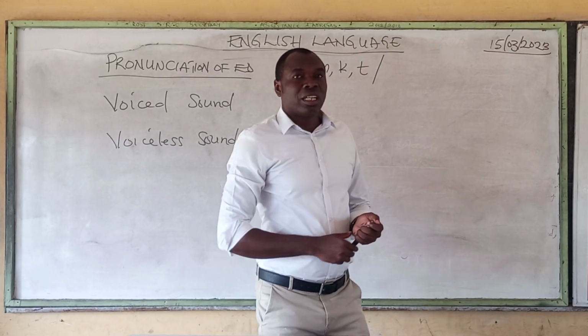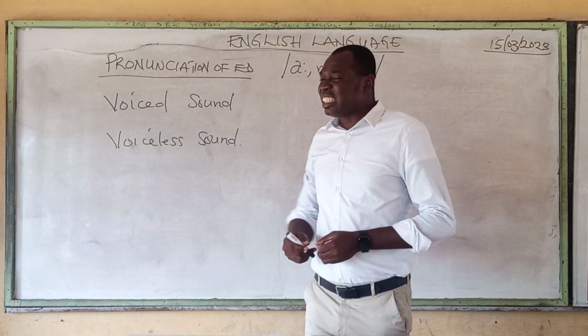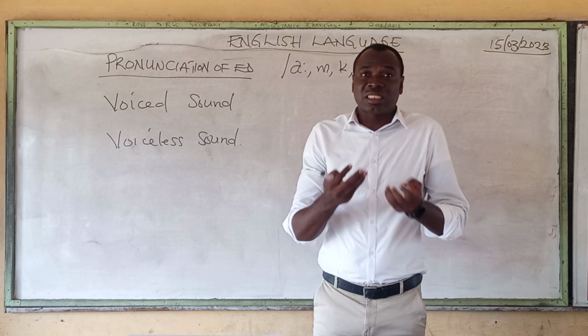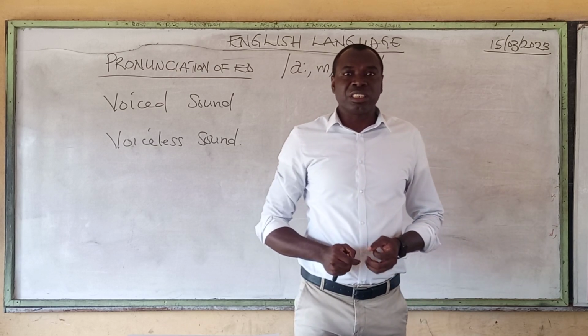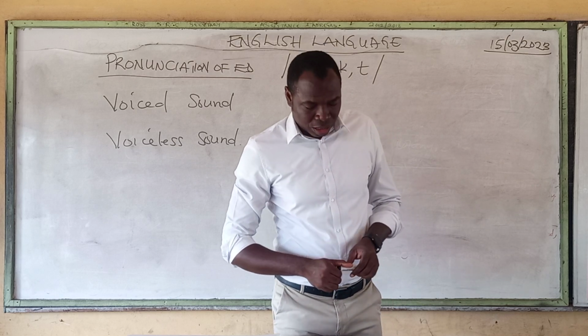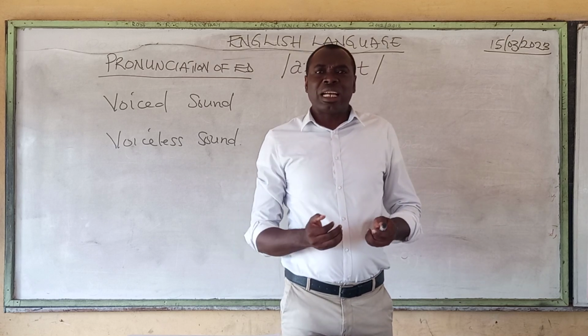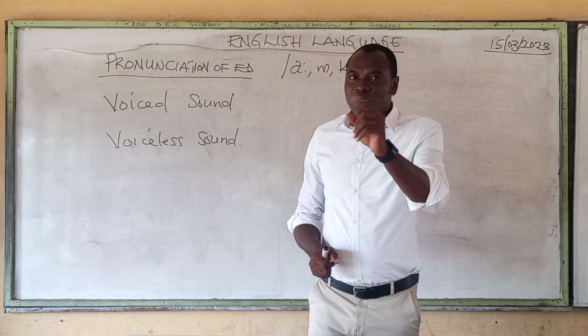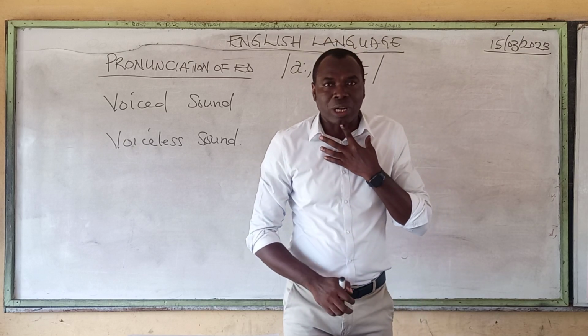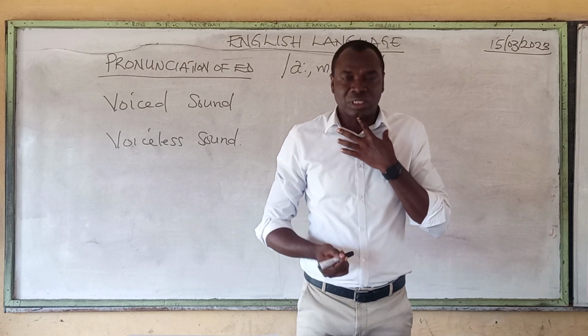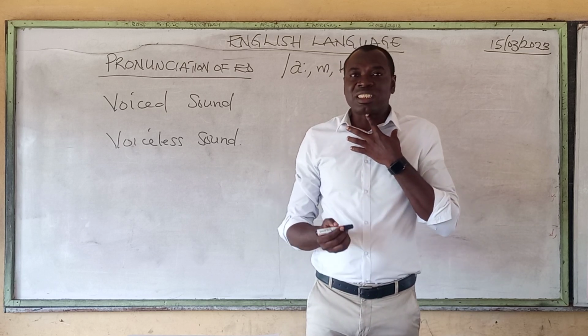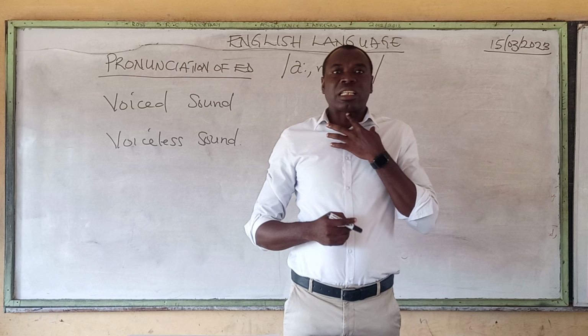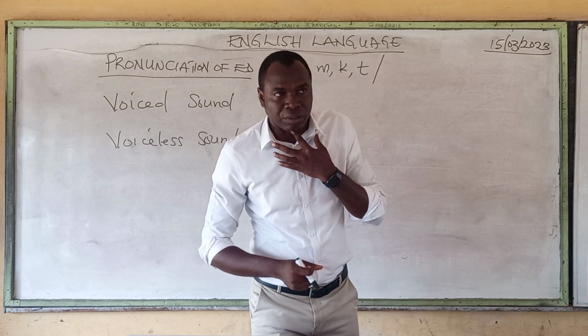When we say a sound is voiced, it means that when you're pronouncing that sound, there's a vibration in the vocal tract. How will you know that there's a vibration in the vocal tract? Put the tip of your finger on the vocal tract and try to produce the sound. When it vibrates, then that sound is a voiced sound.